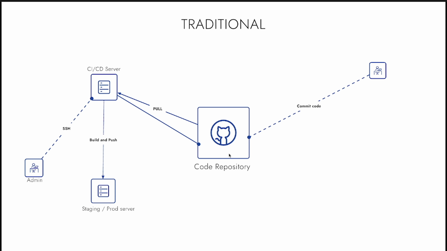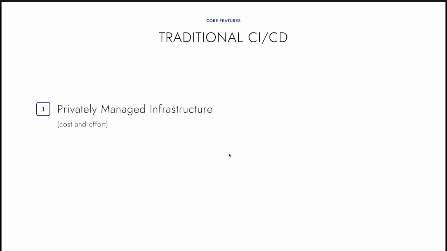But always remember, in a traditional CI/CD environment, your team is fully responsible for the setup and management of the CI/CD solution. A very popular CI/CD application that's used in traditional environments is Jenkins. So as mentioned earlier, in a traditional CI/CD environment, your team is fully responsible for managing the infrastructure, so the entire cost, time, and effort involved in managing the CI/CD infrastructure and tooling rests wholly on your team.